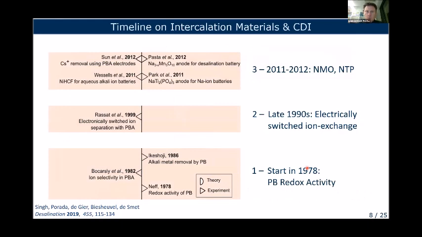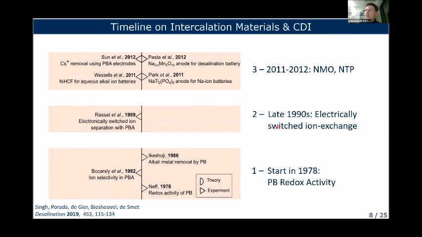Not too long ago, last year, we reviewed the field of how intercalation materials are being used in CDI. And it seems, when you start digging, that it already started a while ago. First of all, by addressing the Prussian blue redox activity. And then already in the mid-80s, it was used to look at how you could insert a metal into that.